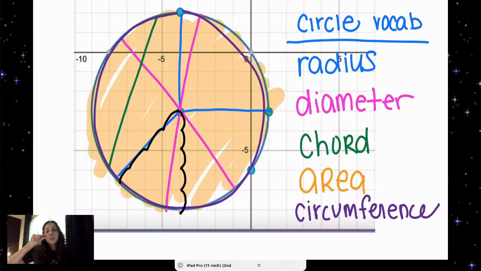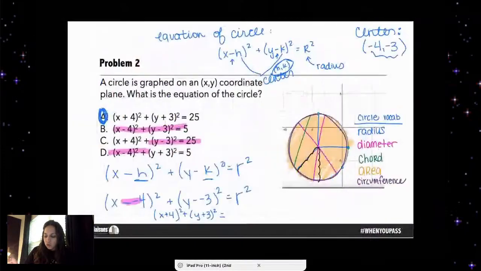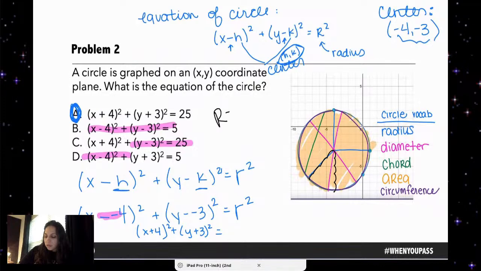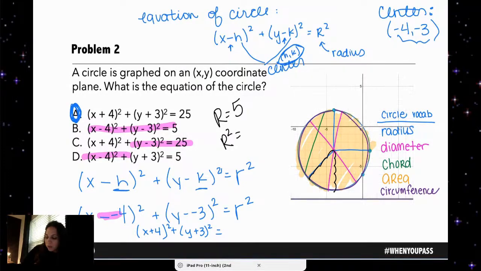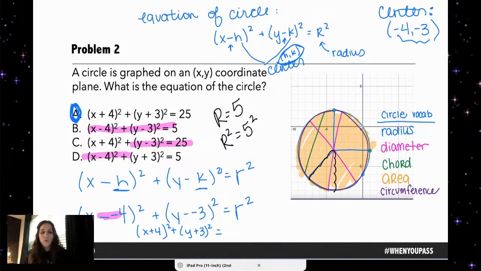I'm counting units. So when I count, I'm going to count units straight down or straight across. So the radius equals 5 in this case. So when I plug in radius squared, that means it's 5 squared. 5 squared is the same thing as 5 times 5, which is 25, which is that.